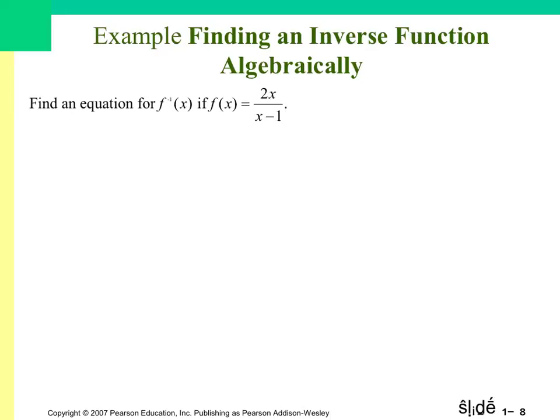Finding the inverse of a function. So we have f of x, and I want to find the inverse. What that means is, start by saying y equals 2x over x minus 1. Then switch the x and the y. x equals 2y divided by y minus 1.